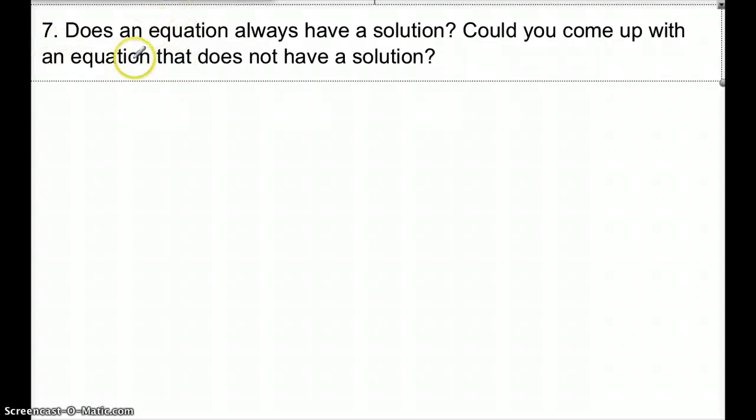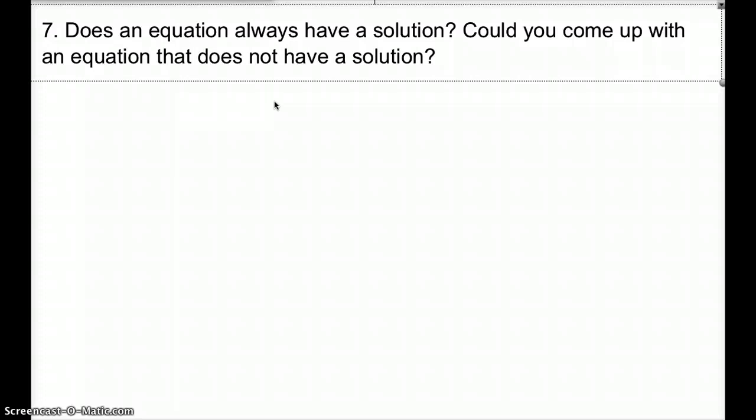Okay, now that you have that done, number 7 says, does an equation always have a solution? And can you come up with an equation that does not have a solution? Now, this is a question that we're going to look at heavily in a few lessons in this unit, probably next week sometime.